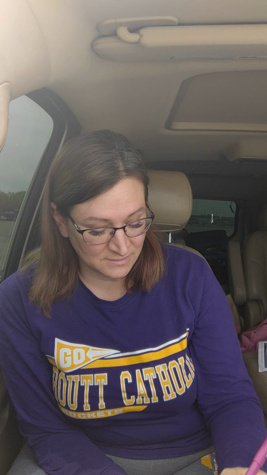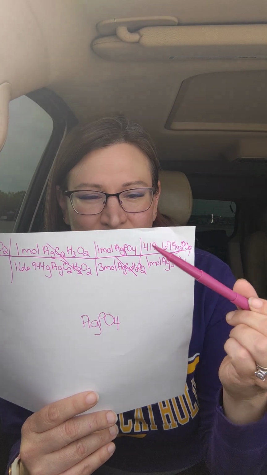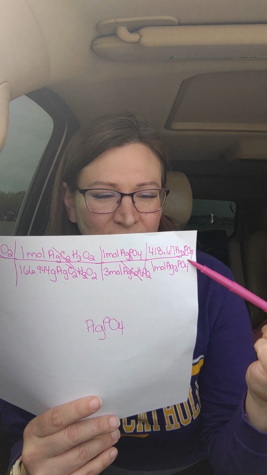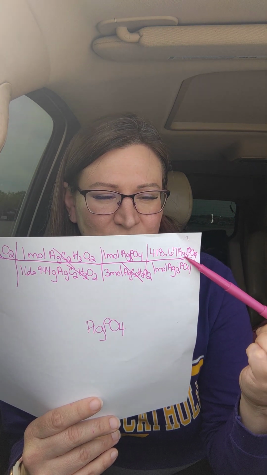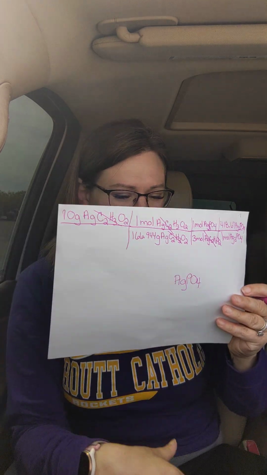That is 3 silvers plus 1 phosphate plus 4 oxygens. When you're doing this, make sure that you're putting the right number of moles from the equation, and that you have the right Ag subscript 3. Don't forget that subscript 3, because that's going to mess up your numbers.